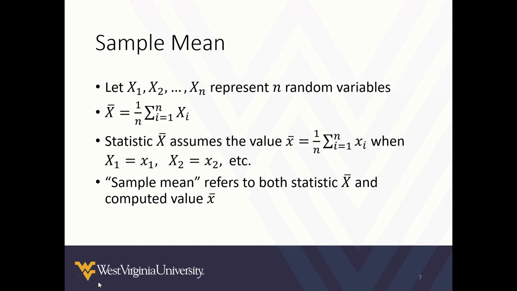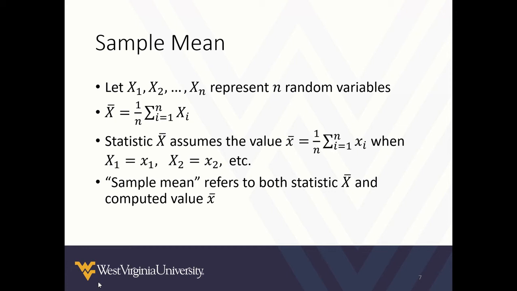We may also recall what our sample mean is, since that's going to be the focus of our first sampling distribution. We let X1, X2, all the way to Xn represent n random variables. Therefore our sample mean, denoted by X bar, equals 1 over n multiplied by the summation of i equals 1 to n of Xi.